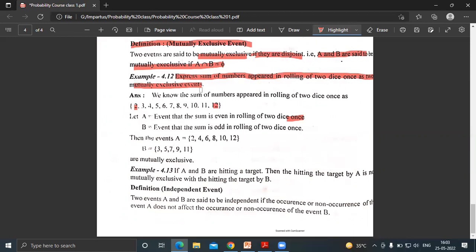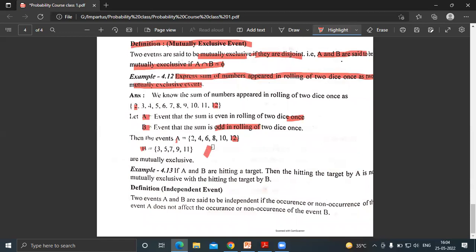That means you have to find out which one is your mutually exclusive event. If I write A is the event that the sum is even in rolling two dice once, and B is the event that the sum is odd in rolling two dice once, what will happen? A has elements 2, 4, 6 up to 12, because the maximum point is 12. Similarly, B has 3, 5, 7, 9, 11.